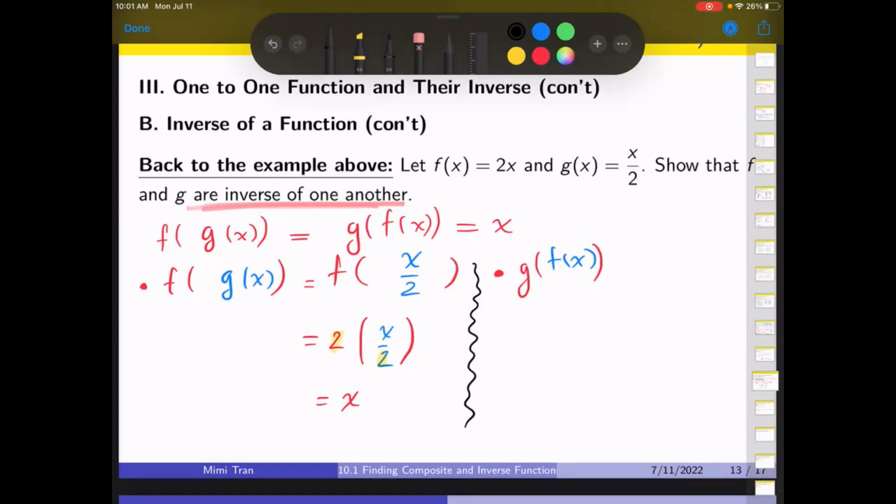Very good. Very good. Zoomers, did you guys get X?